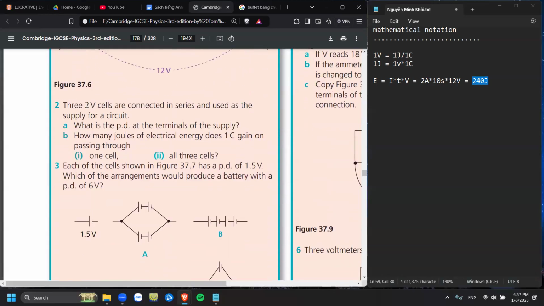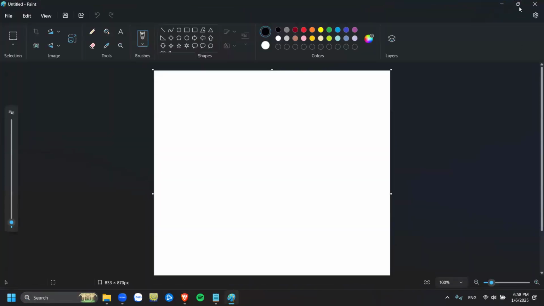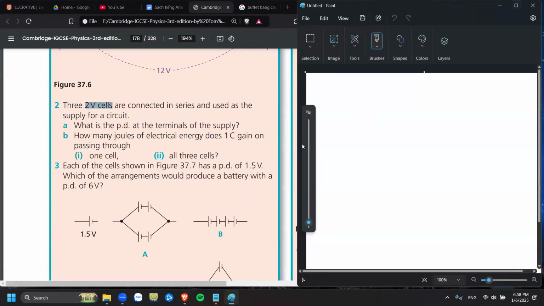So you have 3 2-volt cells connected in series and used as the supply for a circuit, okay? I think it's better if I just use Paint. Sorry, I'm just old style.